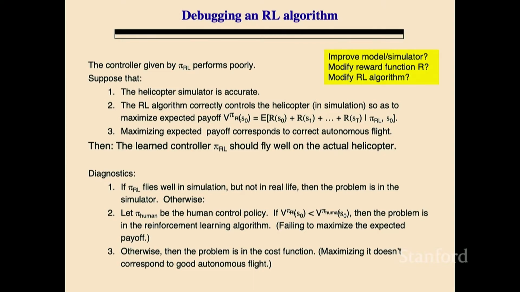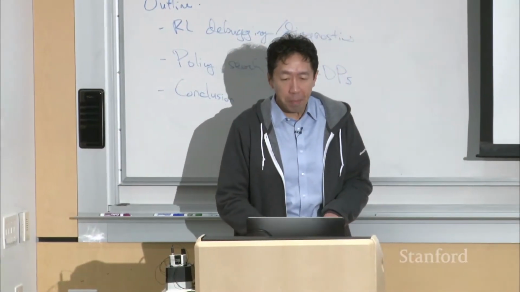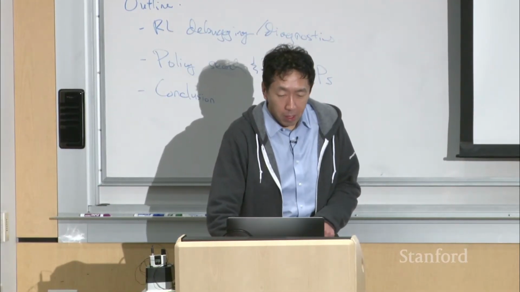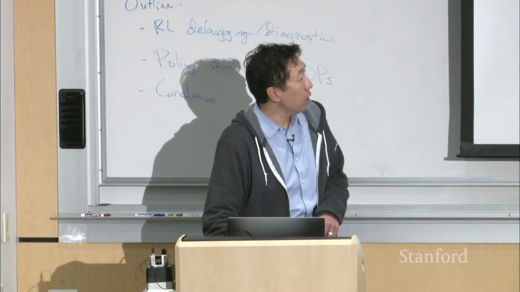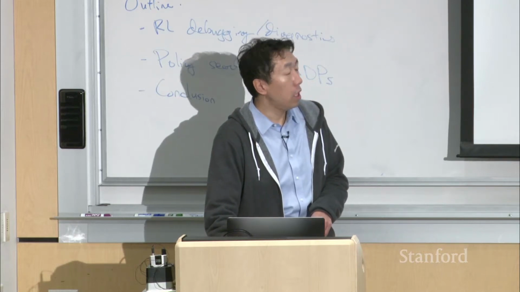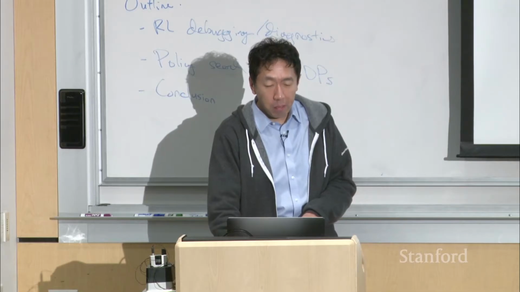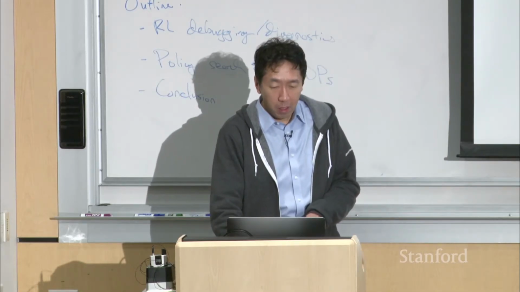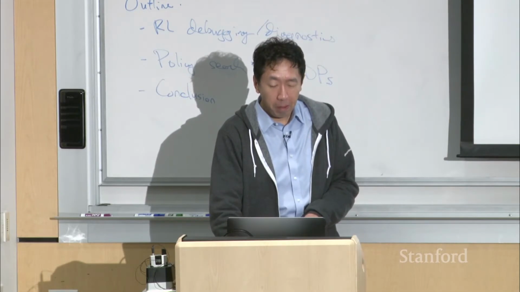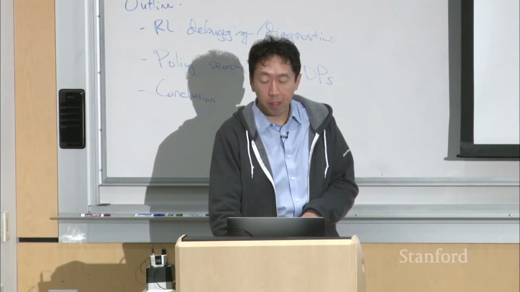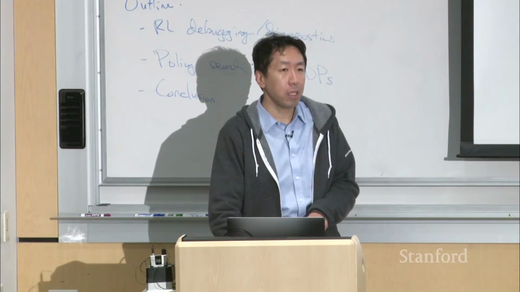So what you can do is test whether or not the, so this thing here, right? That's just the payoff of the learned policy as measured on your reward function. So check if the learned policy achieves a better or worse payoff than a human pilot can, right?